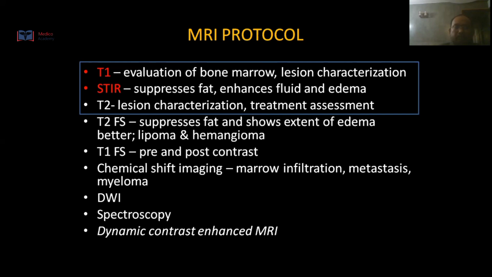Chemical shift imaging, like the pre and post contrast imaging, is used for marrow infiltration and metastasis in myeloma. Diffusion weighted imaging is also helpful. Spectroscopy has also got some role in assessment of the sarcomas, whether it is a bone or a soft tissue. And dynamic contrast enhanced MRI has a very important role, which I will be talking about as we move forward in this discussion.